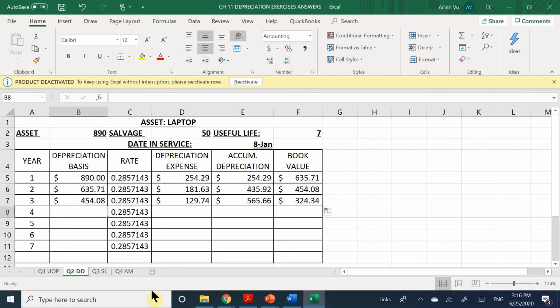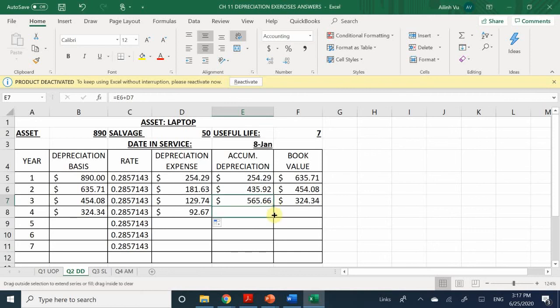All right. And what do we do for the fourth year? You bring down the 324.34 in the basis. Multiply that by the rate, should be 92.67. Yes. Okay, we add that to the previous accumulated depreciation of 565.66.